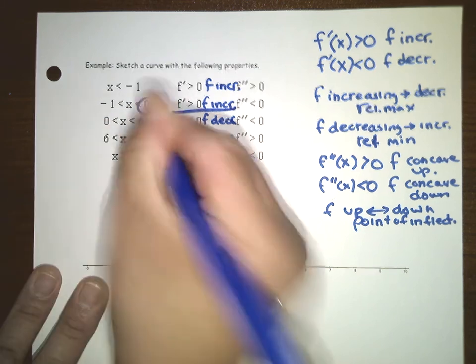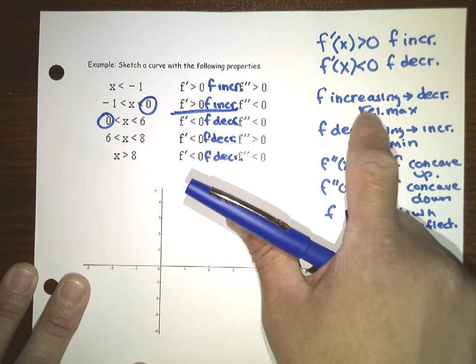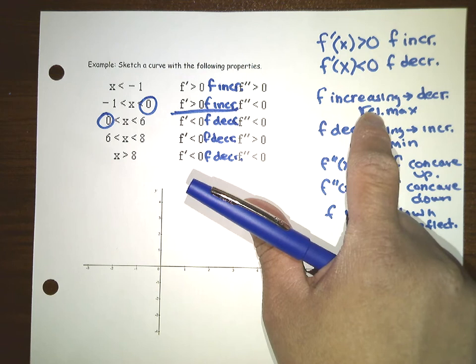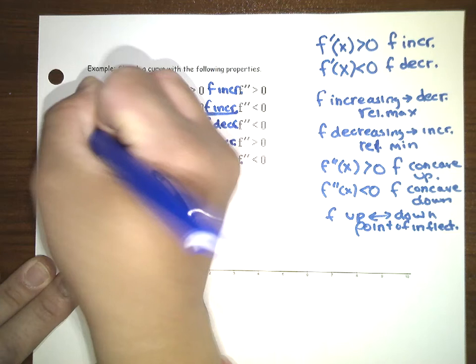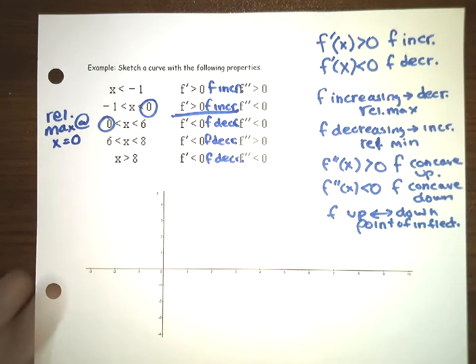So that means that 0 is where f is going from increasing to decreasing, and that means that there would be a relative maximum at x equals 0. So try to remember this, that there is a relative maximum at x equals 0.